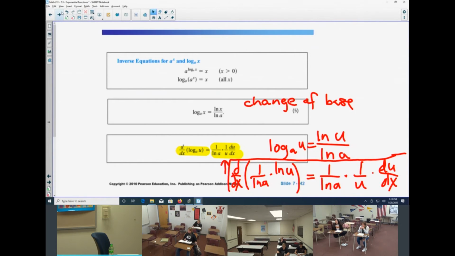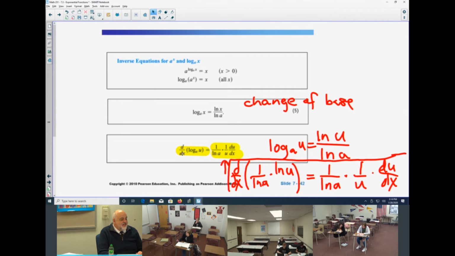Okay, so now the derivatives and integrals of the log. Okay, so here's a couple of equations for logarithms. Okay, so a raised to the log base a of x is x. Log base a of a to the x is x. So we actually did those back in 7.2. Okay, then here's the change of base formula.